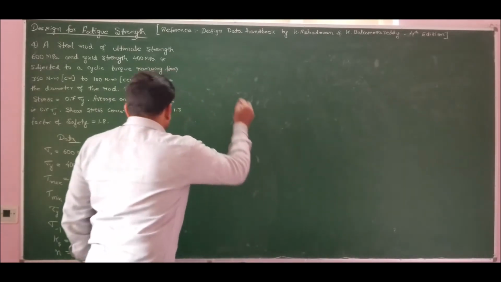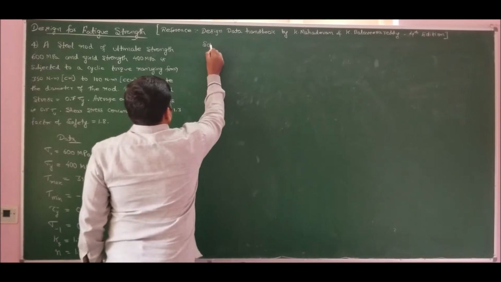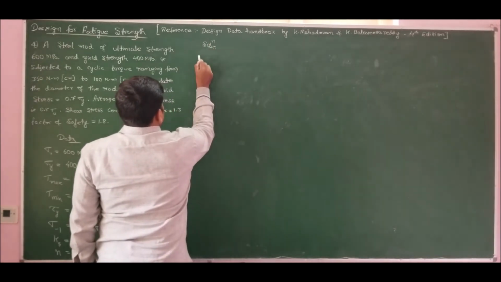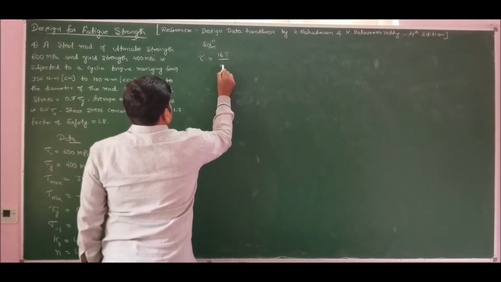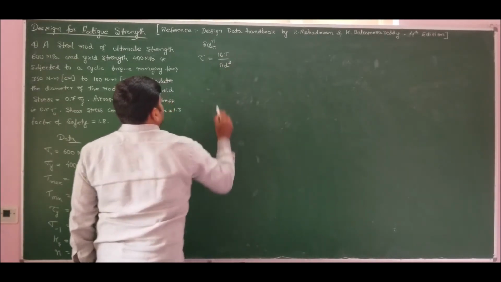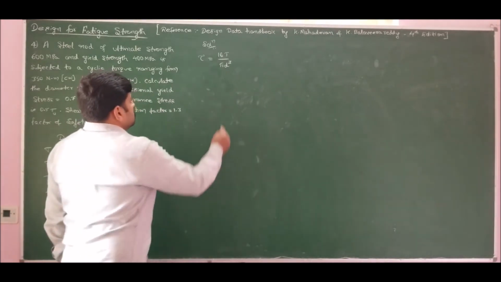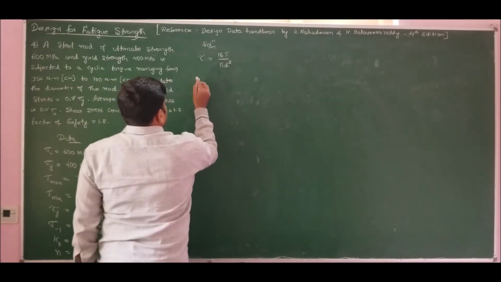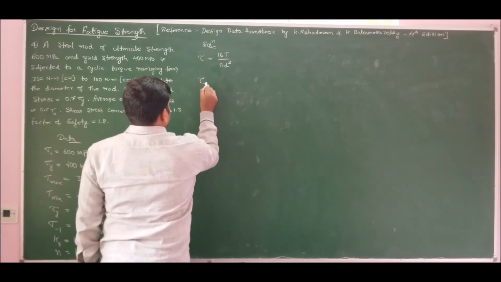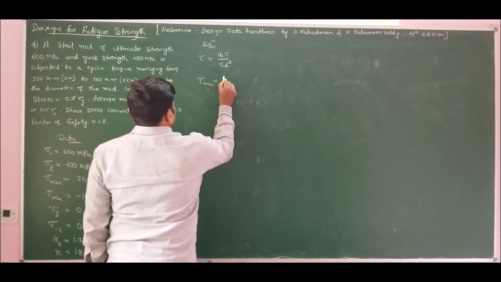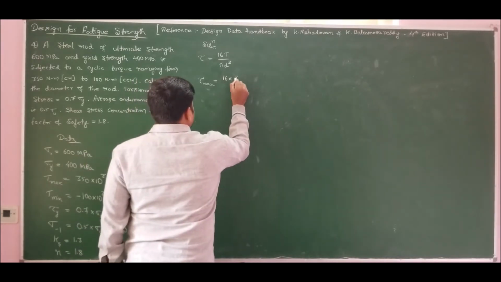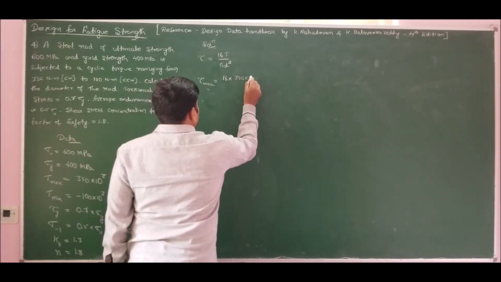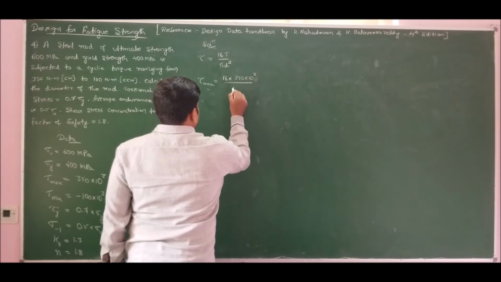So we know that for the torsional loading case, the formula for shear stress is 16 T by pi d cube for circular sections. Now substituting the maximum torque, I will get maximum shear stress. So tau max is equal to 16 into T max, which is 350 into 10 to the power of 3, divided by pi d cube.